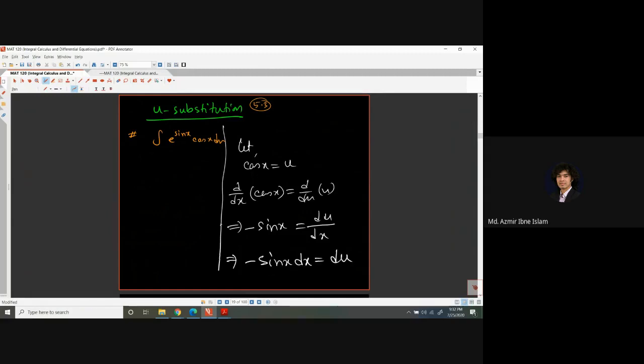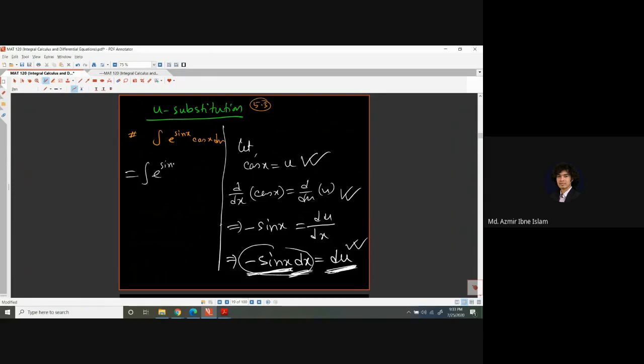So step 1 and step 2 are done, and we have come up to step 3. That means we keep the x terms and dx terms on the left side, and on the right side the u terms. Here we have negative sine x dx.